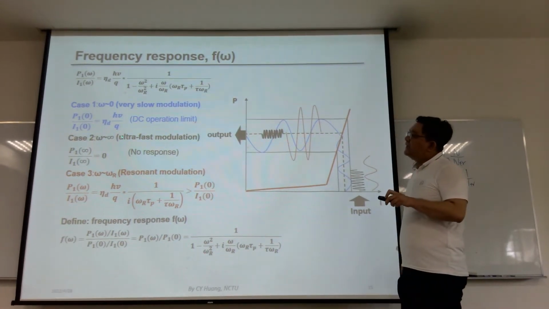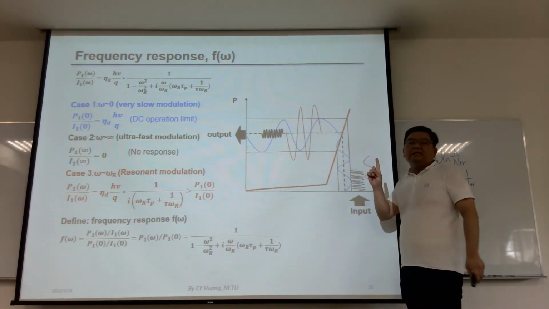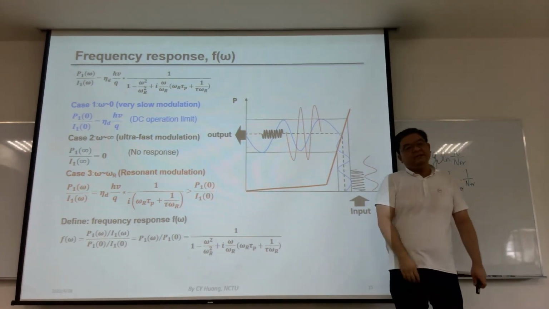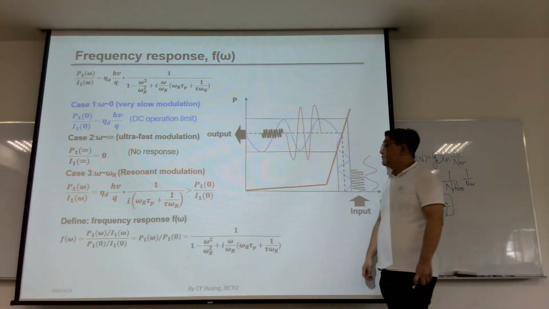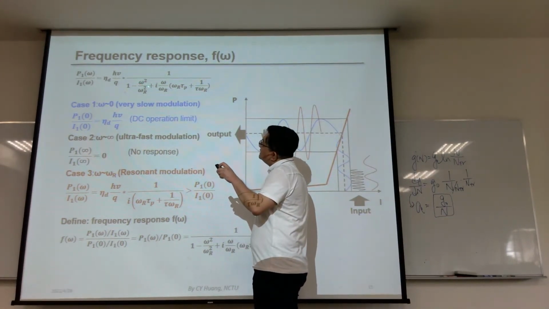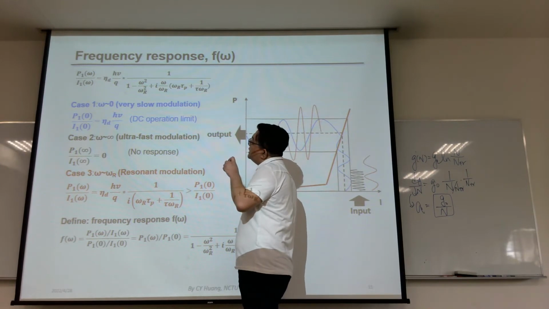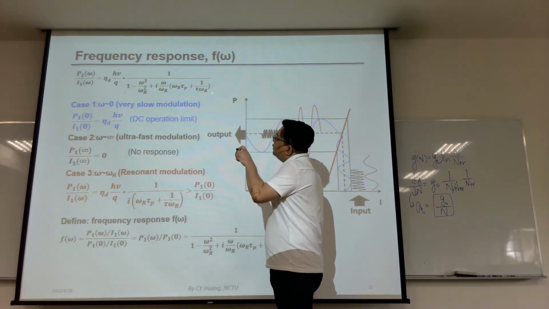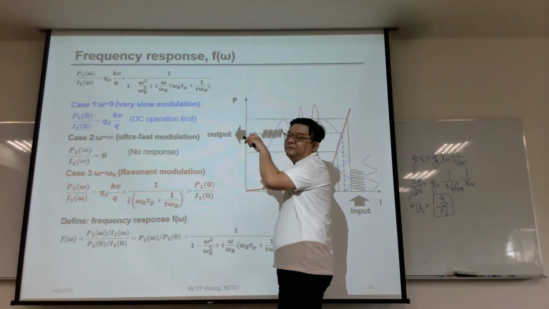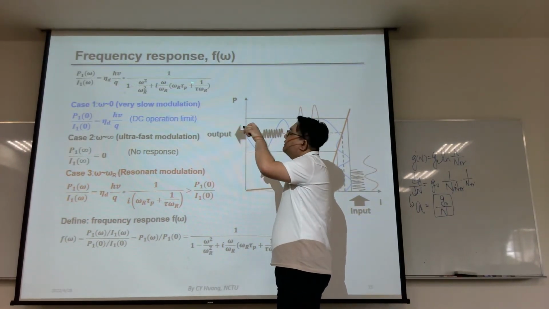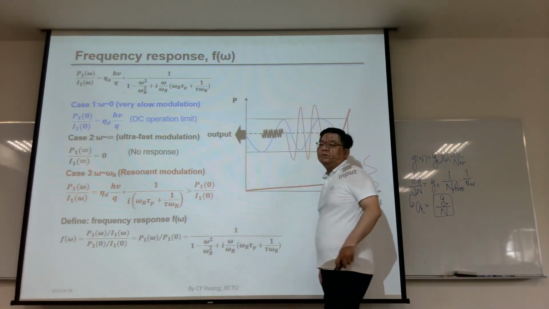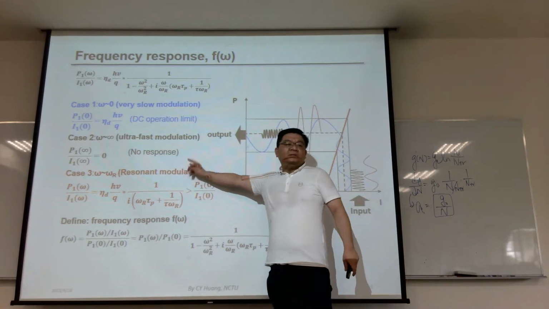And in the second case, we let the injection current vary much faster than its resonant frequency. Then omega is almost infinite, and the denominator goes to infinity, so P1 over PI0 goes to 0.